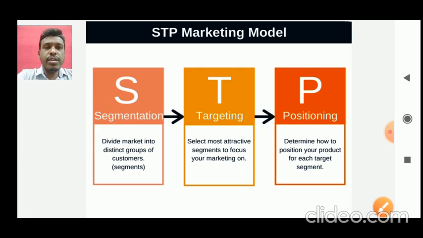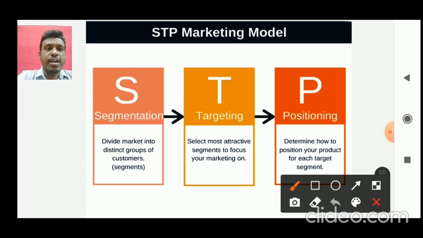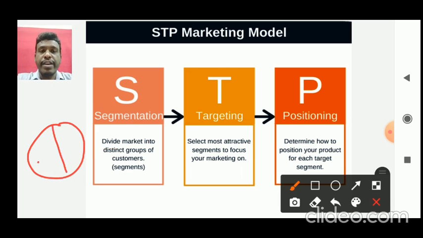Now coming to the question of targeting, what is targeting? Now that we have divided the entire market into various groups based upon their common characteristics, maybe based upon age, attitudes, opinions, or any other thing, suppose we have 6 different segments: 1, 2, 3, 4, 5 and 6.